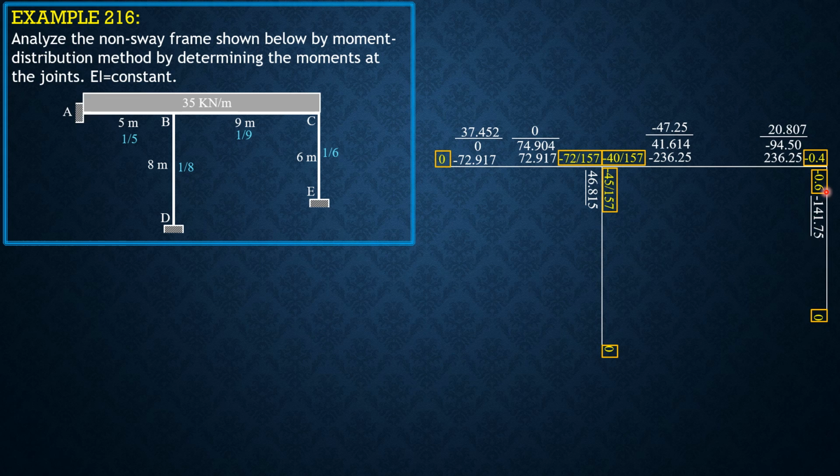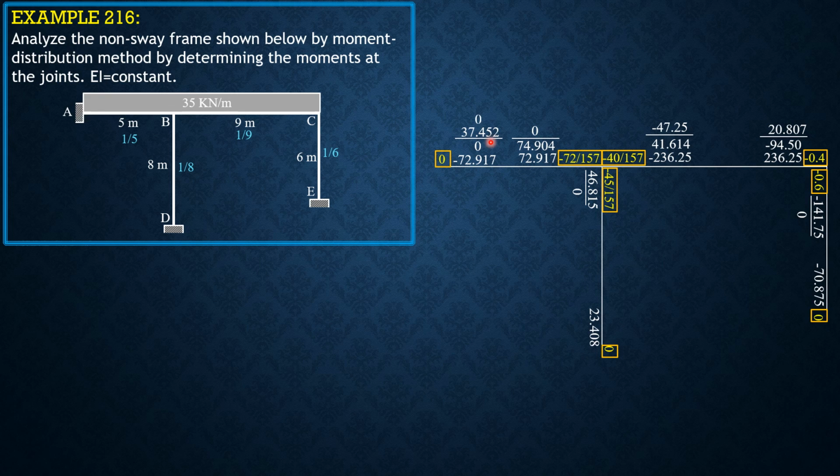Then half of 0, of course, 0. Then half of negative 141.75 is negative 70.875. Then 0 here. And half of 46.815 is 23.408.